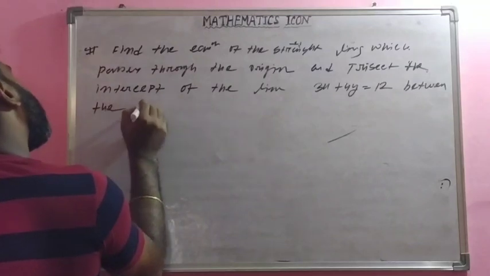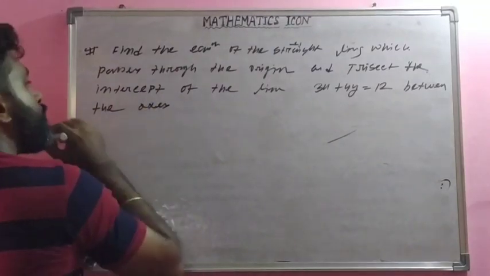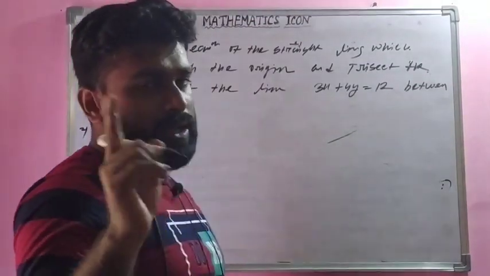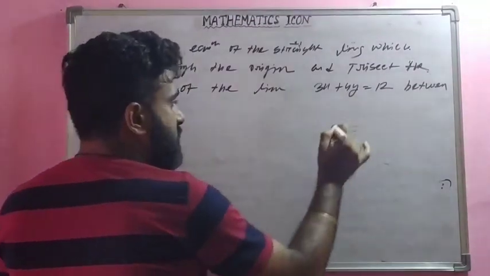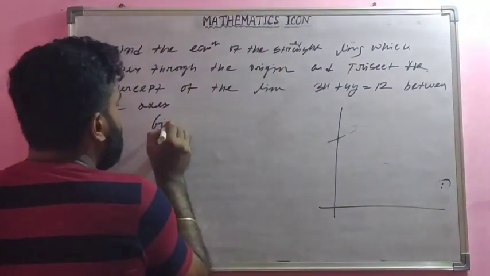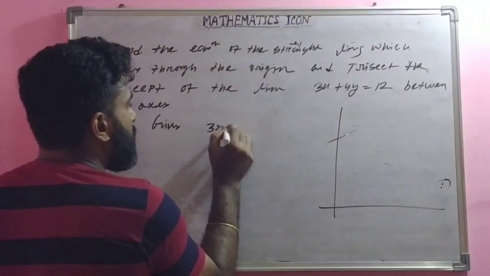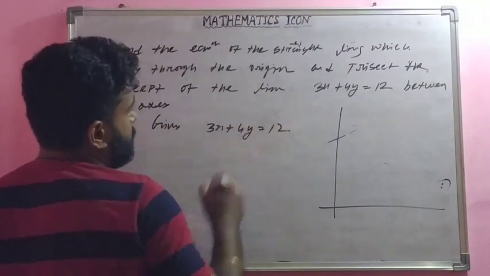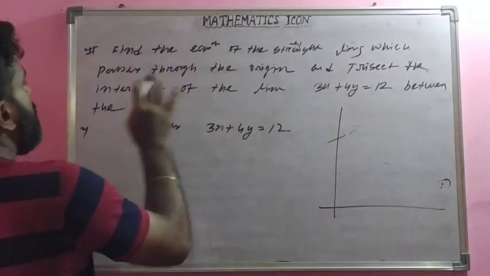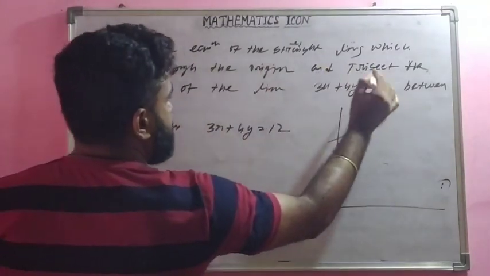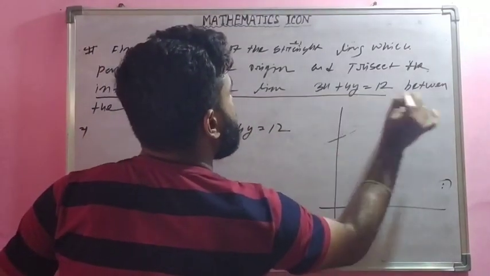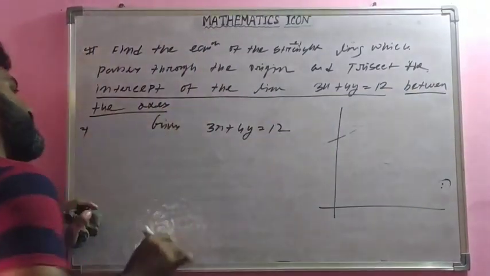ये सेम क्वेश्चन हम लोगों ने किया है लास्ट लेक्चर में. लास्ट लेक्चर से थोड़ा देख लेना. मैं फिर से यहां पर समझा दे रहा हूं. देखो, ये एक स्ट्रेट लाइन है, गिवन 3x plus 4y equals to 12. ठीक तरह से पढ़ो क्वेश्चन को. which passes through the origin and trisect the intercept of the line between the coordinate axis.